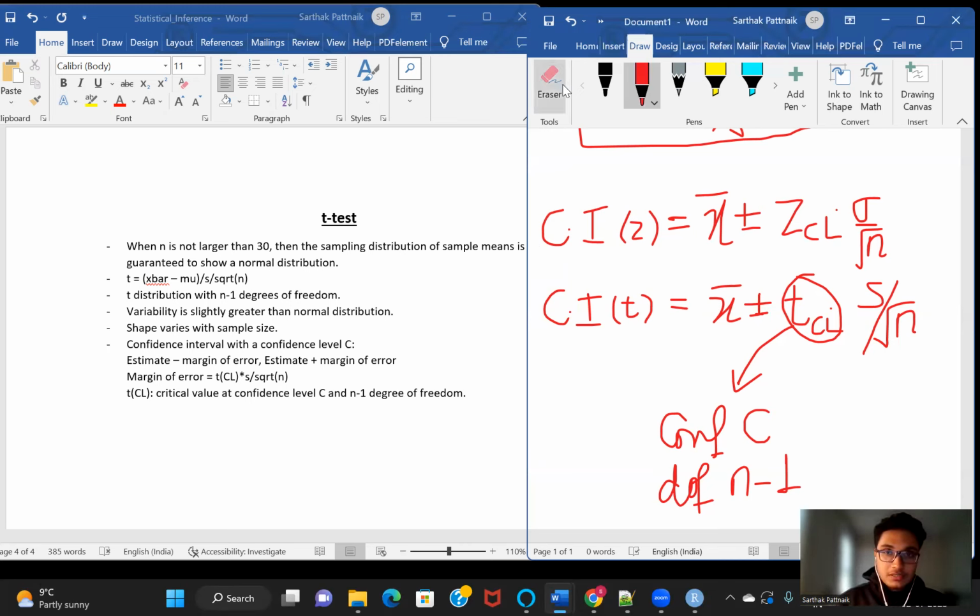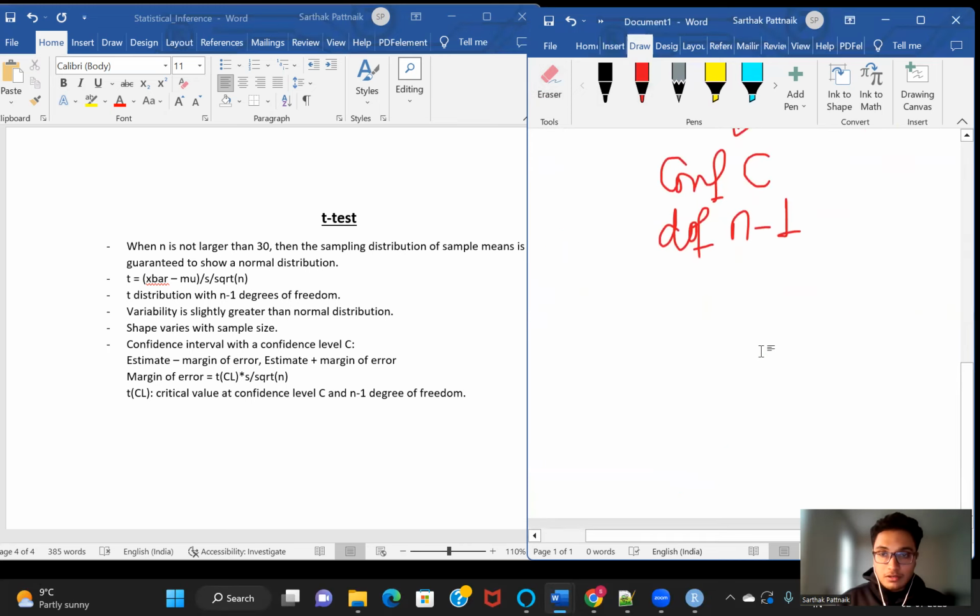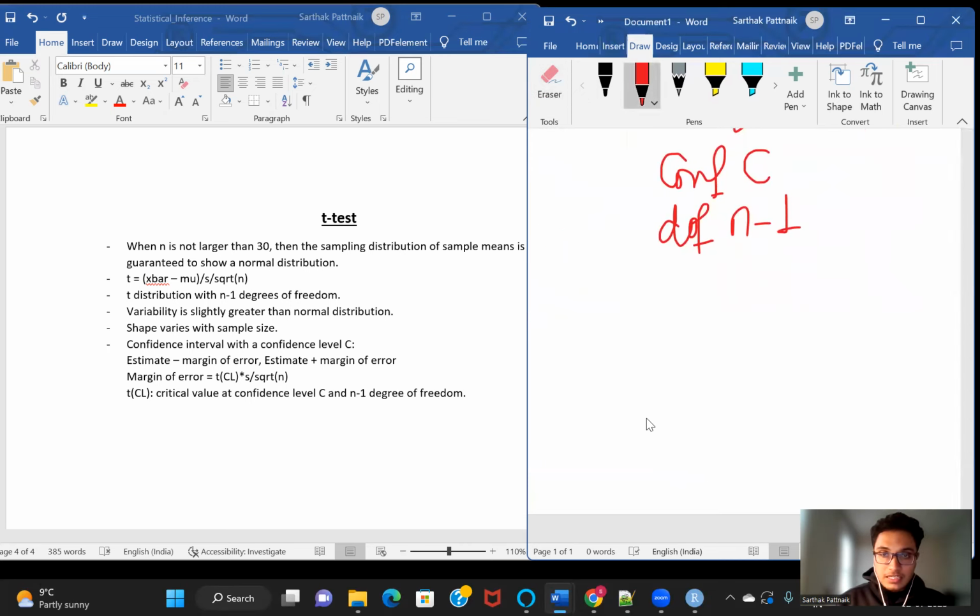Now, a couple of properties that you need to understand for a t-test is that, as we mentioned, t-test is applicable when the number of samples is not greater than or equal to 30. Let me redraw this once again. This is my normal distribution.